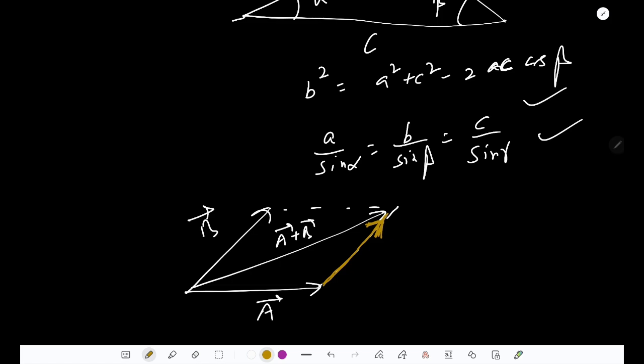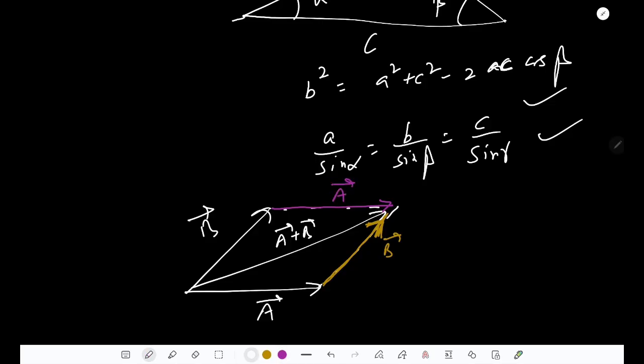So from the equality criteria of two vectors, this vector can also be written as b, and in a similar manner this vector can also be written as vector a.